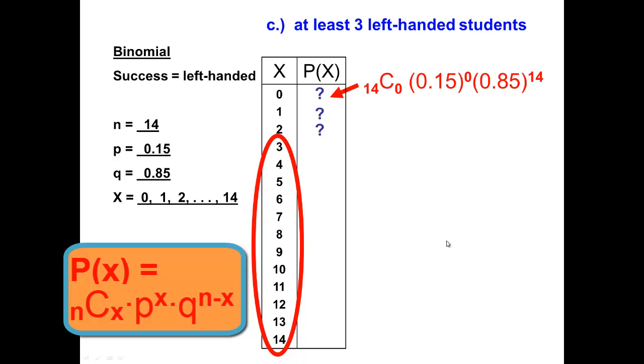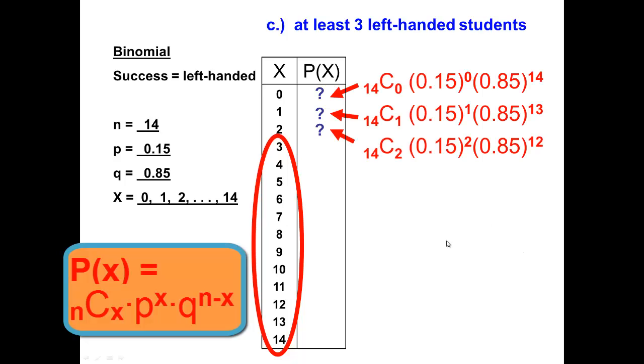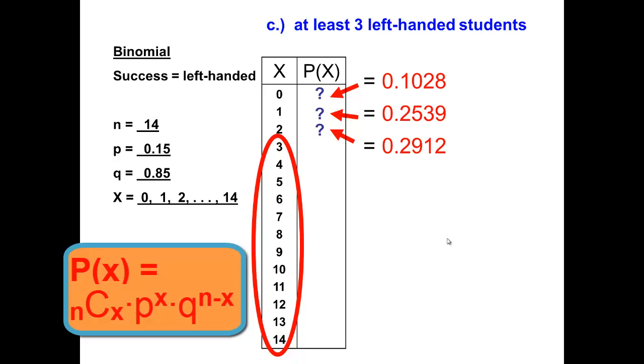Now remember, we just found those, and I'm not going to go back through those. Those are from the previous screen. It's the same formulas that we had. So we could actually just use our previous work and get those numbers that we just had.